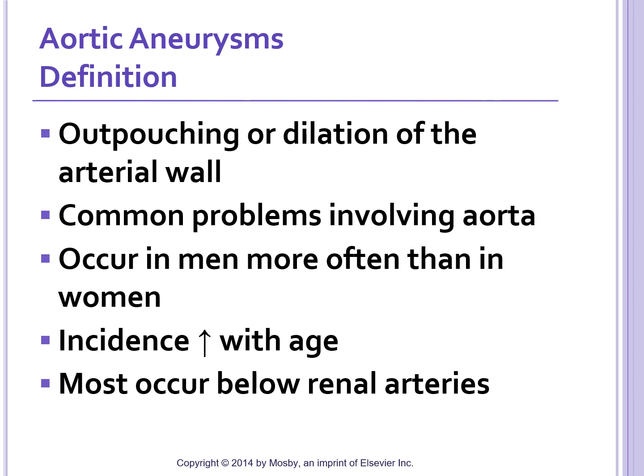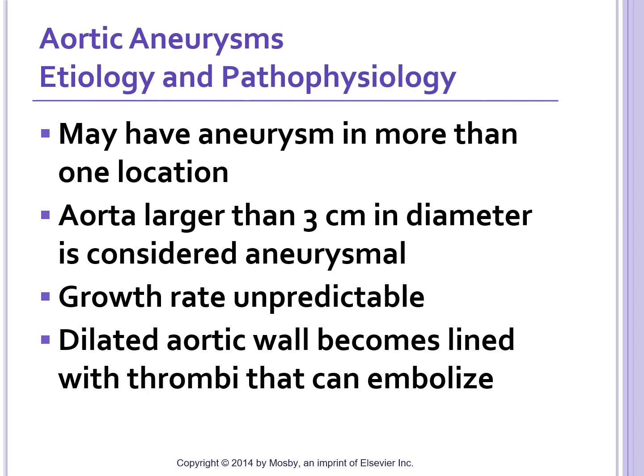And most occur below the renal arteries, which is a good thing because if aneurysms happen below the renal arteries, we can preserve kidney function if they were to have some sort of repair for that aneurysm. So people can have aneurysms in more than one spot, especially because of atherosclerosis.